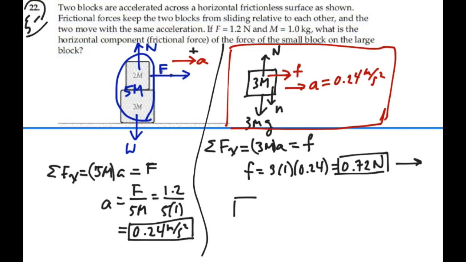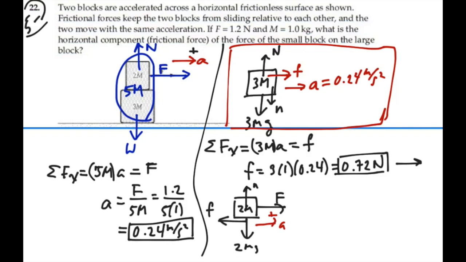Quickly, if we did a free body diagram on the small block, it would have weight, let's call it 2mg. There's a normal force, little n. It's got this big force F pulling to the right, and then it has a frictional force, this frictional force, pulling to the left. As a result of all this, it accelerates to the right.